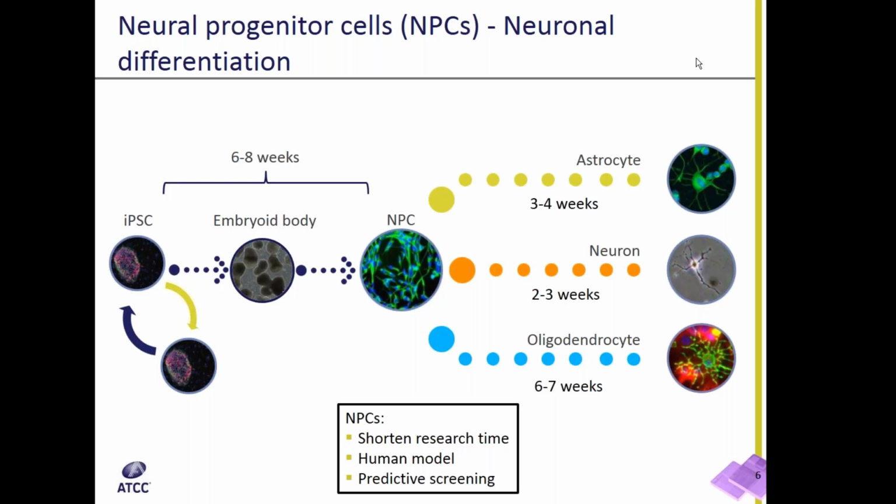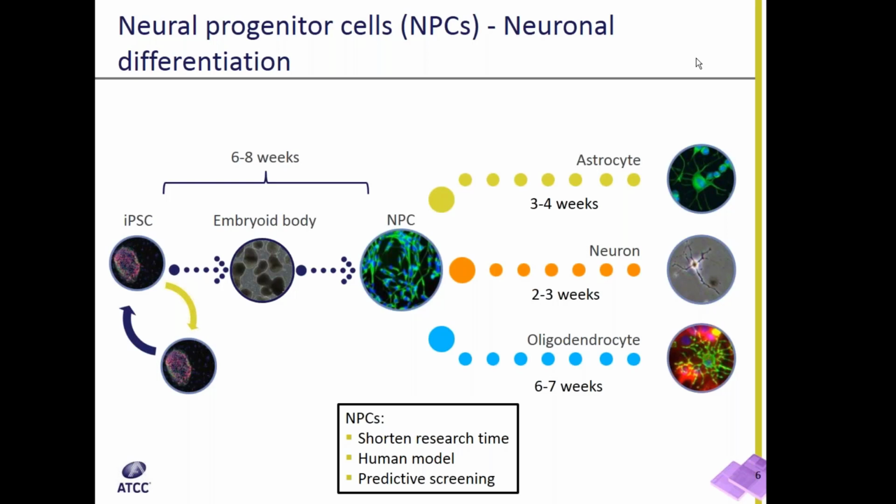Neuronal cells can further differentiate into dopaminergic neurons and are identifiable by expression of tyrosine hydroxylase, or TH, which is an enzyme involved in dopamine formation. Finally, neural progenitor cells that differentiate into oligodendrocytes express the marker O4.